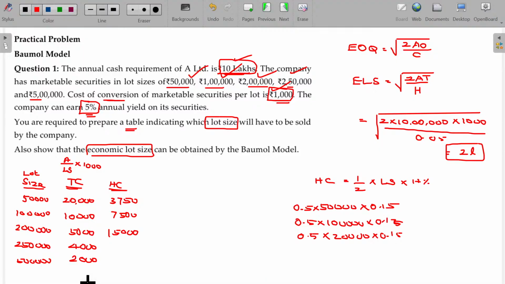Is it so? First one, holding cost is 5%. Sorry, I got surprised. It's not 15%, it's 5%. Thank you. 0.05.